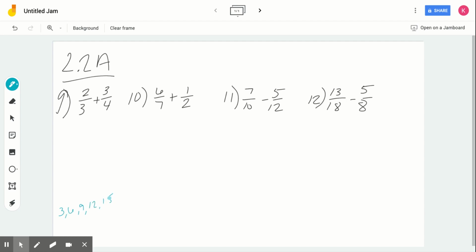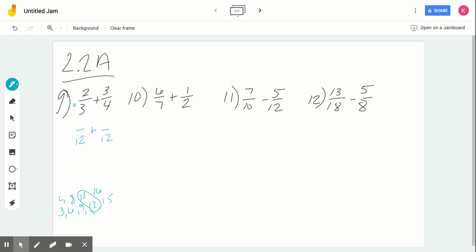So we're counting by threes. Then we can start and count by fours. So 4, 8, 12, 16, and we could keep going. We're looking for the first number they have in common, which would be 12. So the new denominator of each of these fractions is going to be 12.